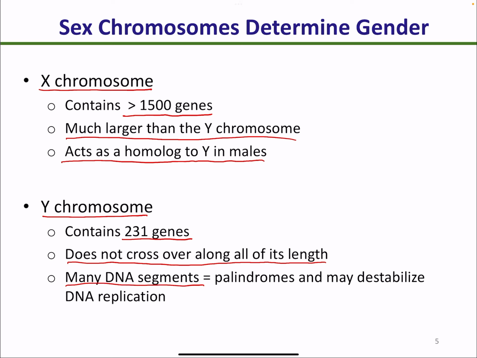Many DNA segments that are repeated are called palindromes. They are called palindromes because they can be read from a particular area in both directions, the same, right? That's what we call a palindrome.